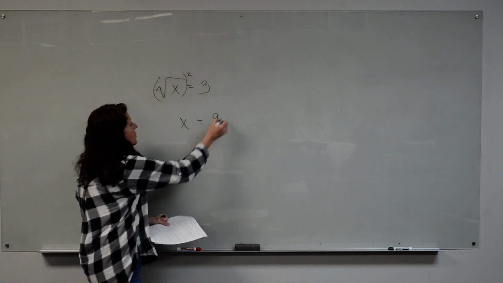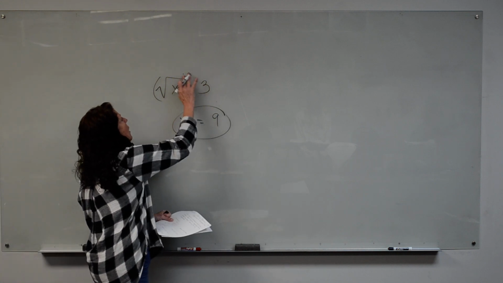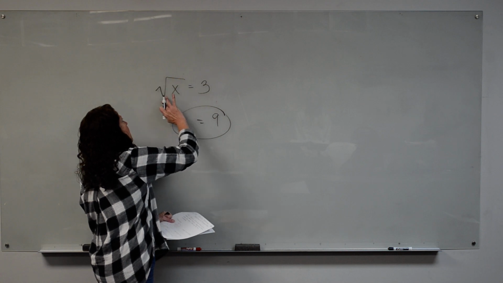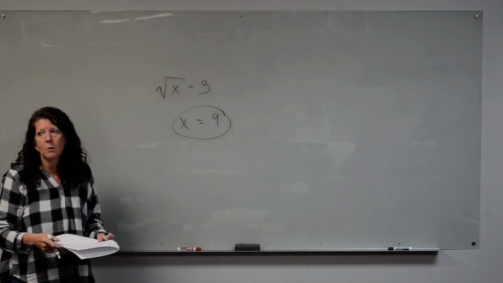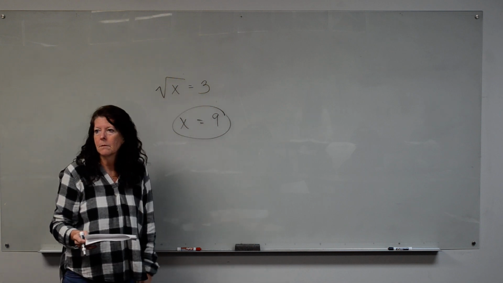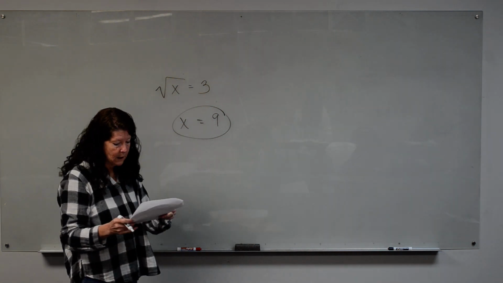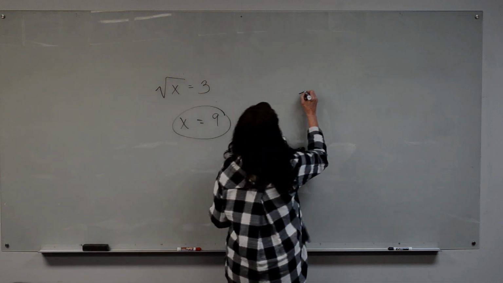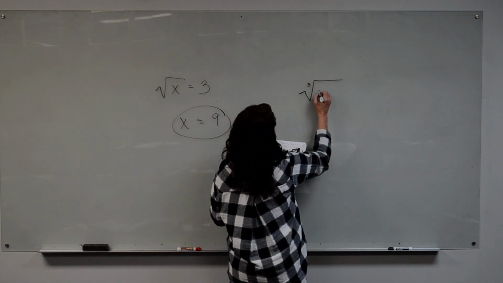So that's my solution right here, but I always want to go back in and make sure it works, because sometimes these things don't work when you put them back in. So the square root of 9 is 3. So you're good on that, right? Not a problem. Okay, what if I have something like this? This is the next problem you see on there.